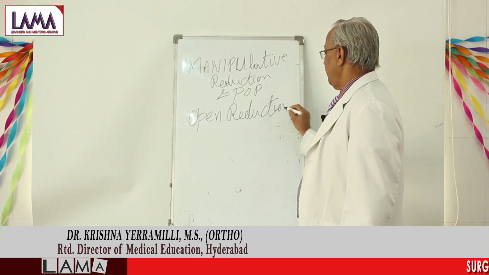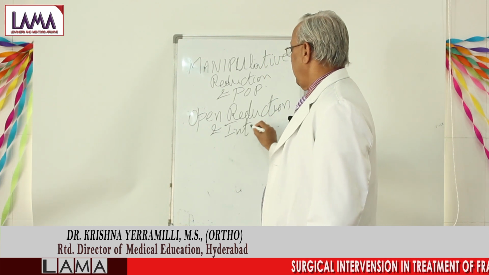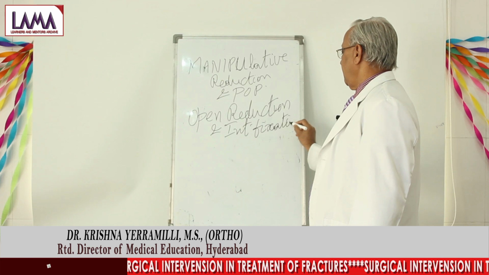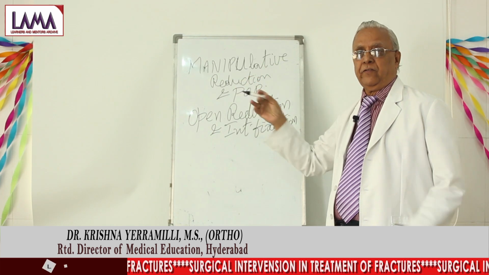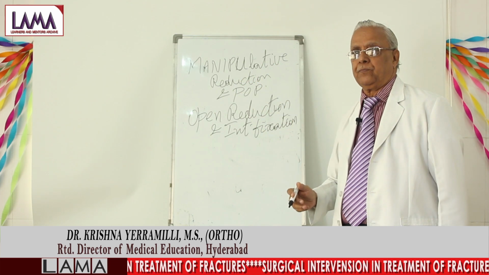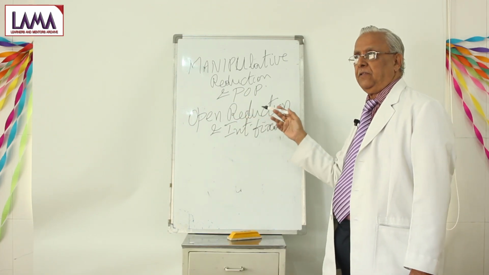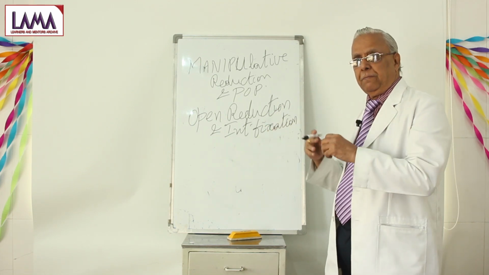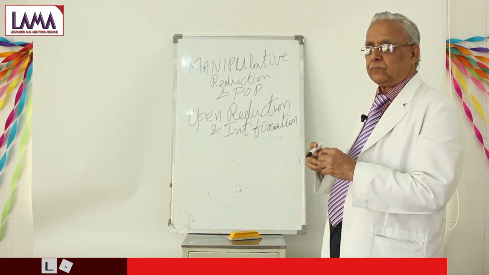Here, as the name indicates, in the first we try to manipulate the fragments into position, then apply the POP. And again, as it is self-explanatory, in the second instance, we try to open the fracture and put the fragments back in position, which is known as open reduction.